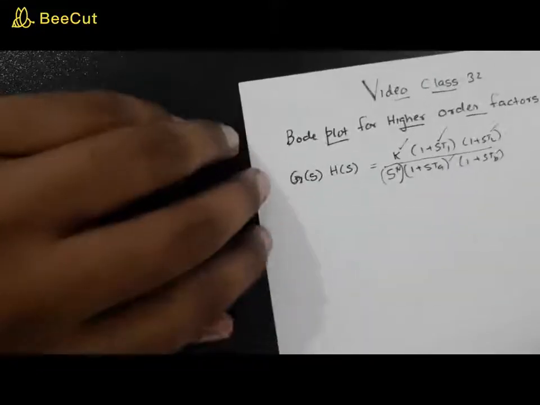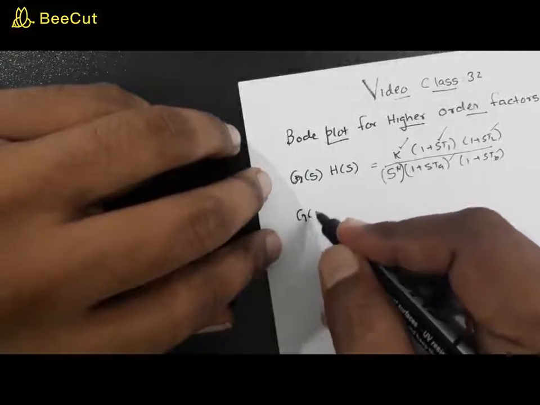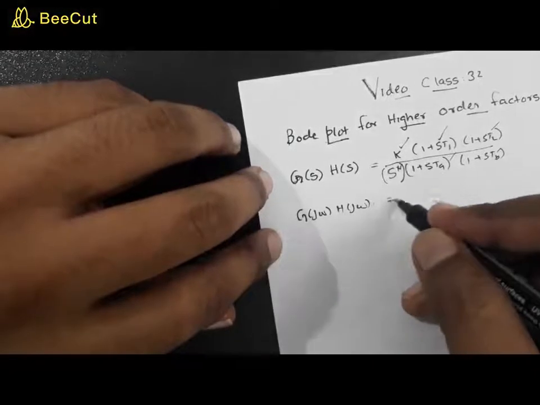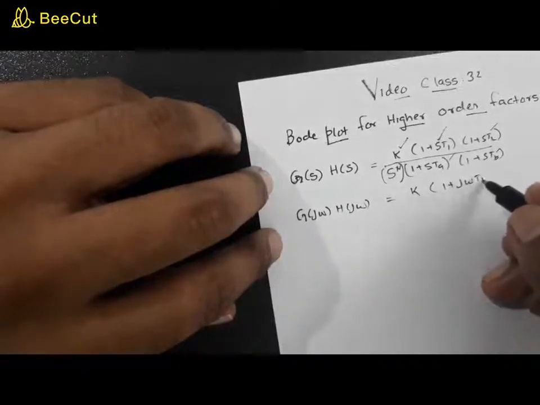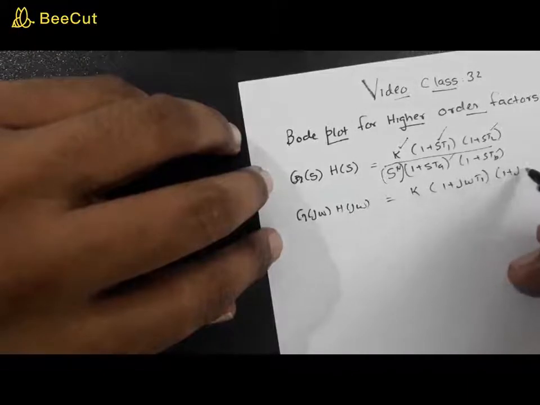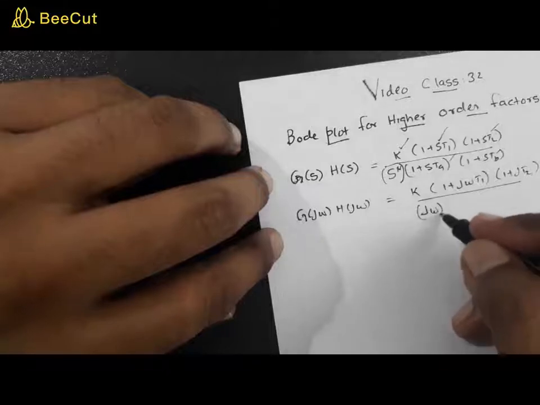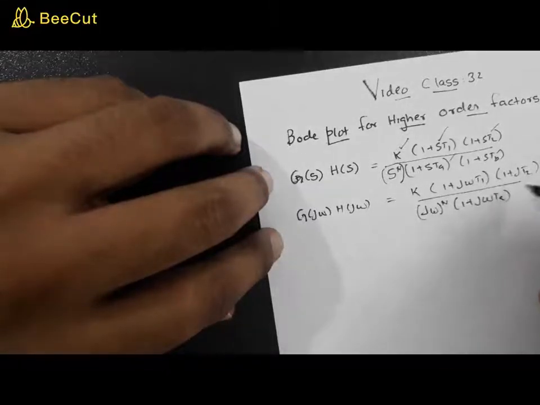So far, how we have found out is by putting s equal to j omega, we get the sinusoidal transfer function. So that will be K into (1 plus j omega T1) into (1 plus j omega T2) divided by (j omega) raised to n into (1 plus j omega Ta)(1 plus j omega Tb).